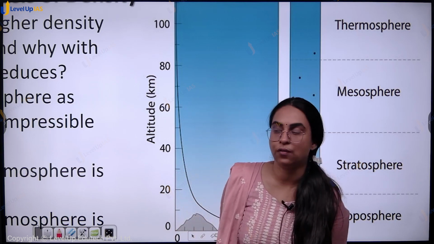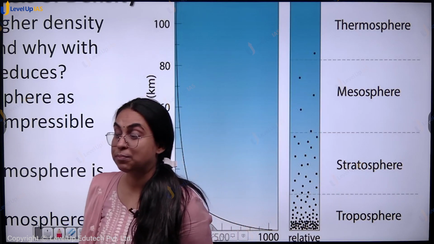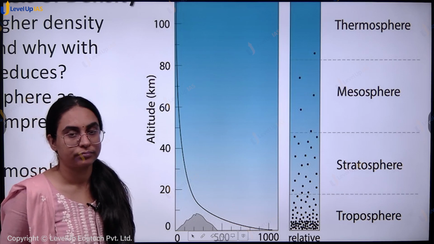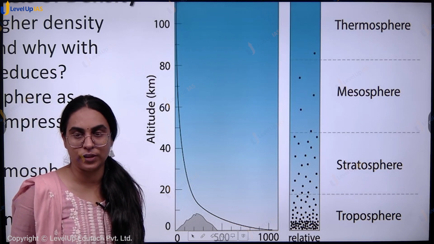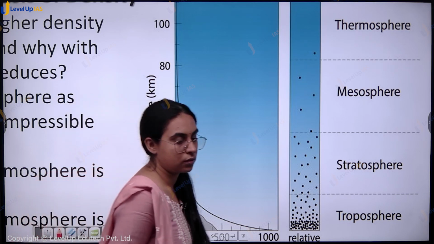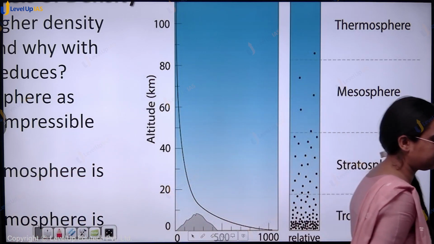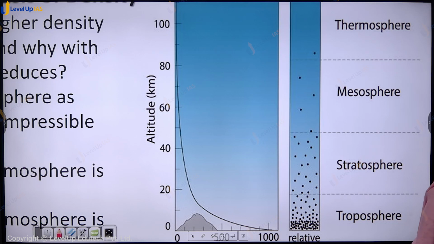Nearly 50% of the atmosphere is within 5.6 kilometers.